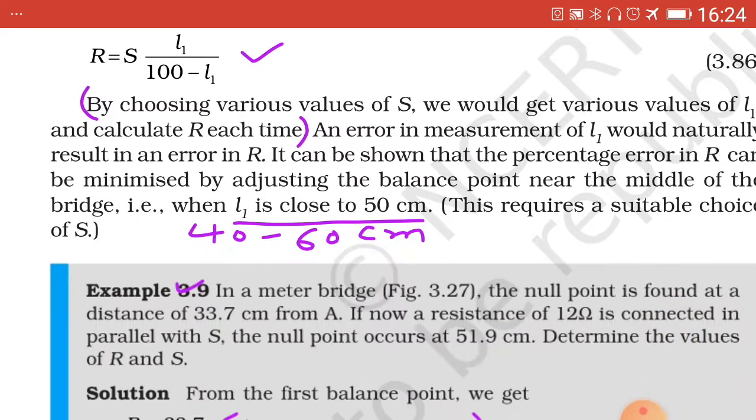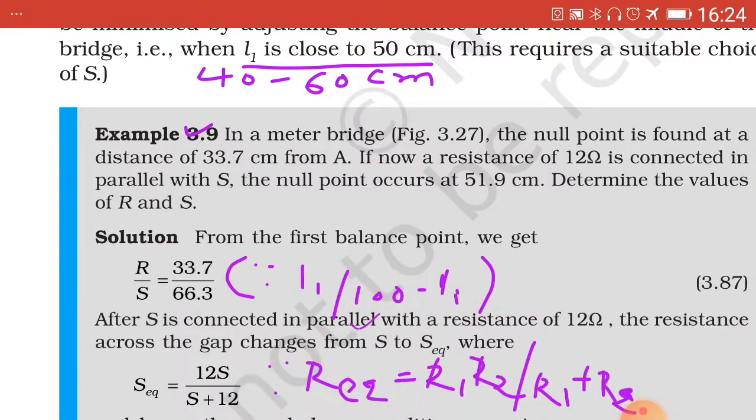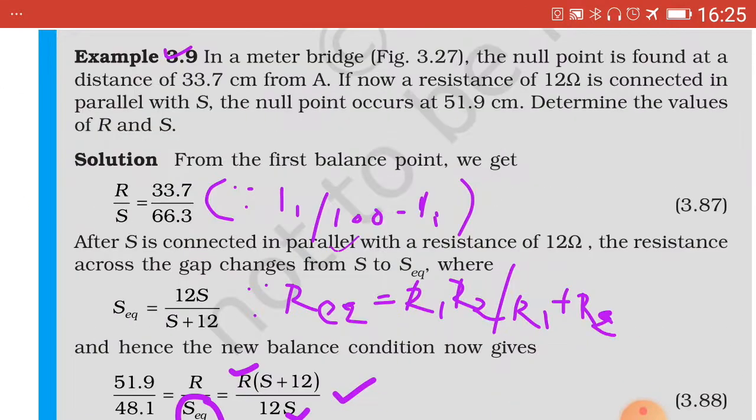Now we refer again to an illustrated example based on this. Example 3.9, 3 marks.